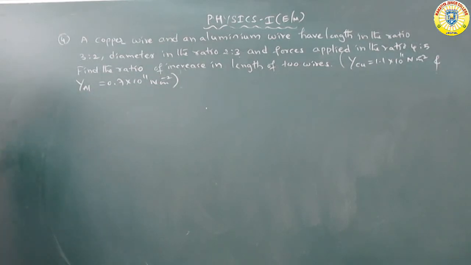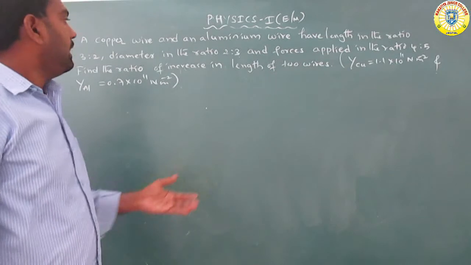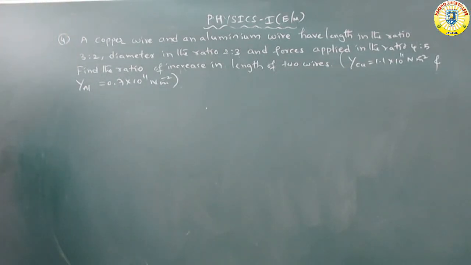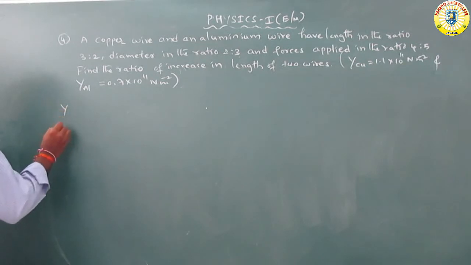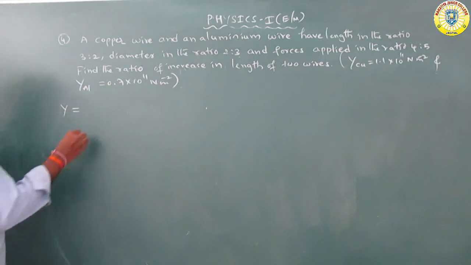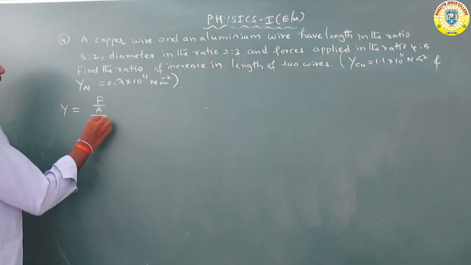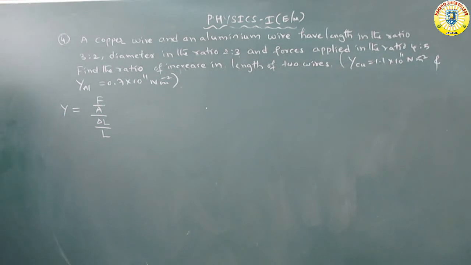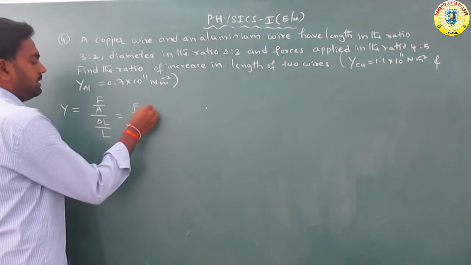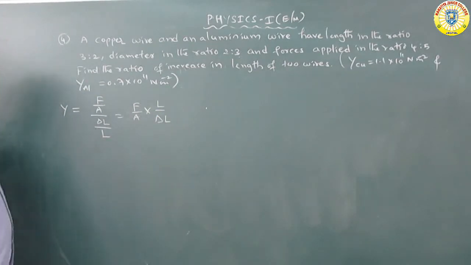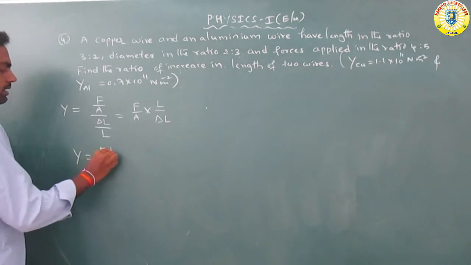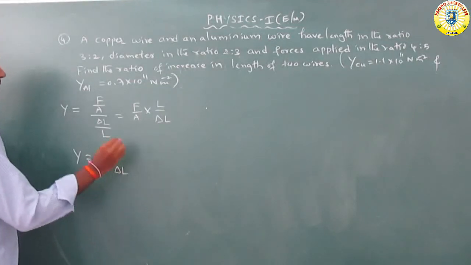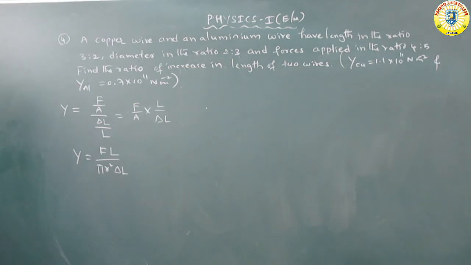We need to find the ratio of the increase in length of the two wires, and the Young's modulus is also given for copper and aluminium. Now the general equation: Young's modulus Y is equal to F by A divided by delta L by L, so Y is equal to F L by pi r square delta L.